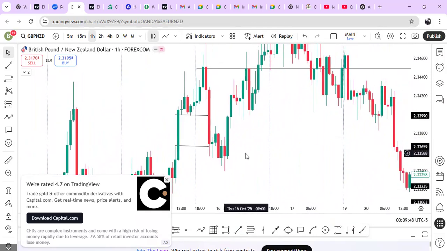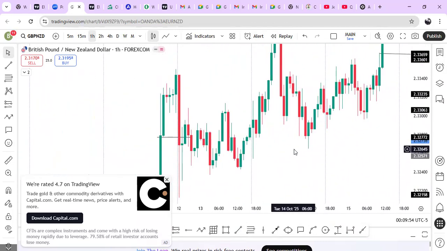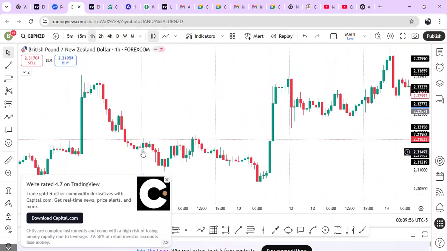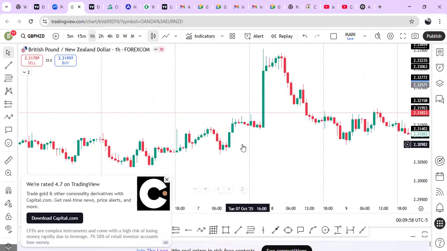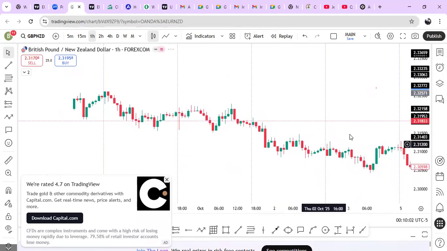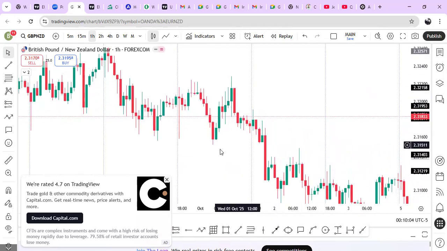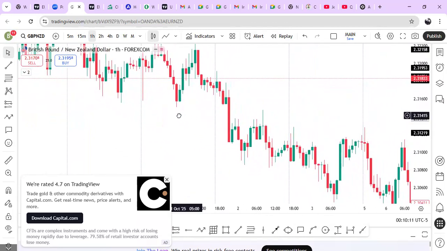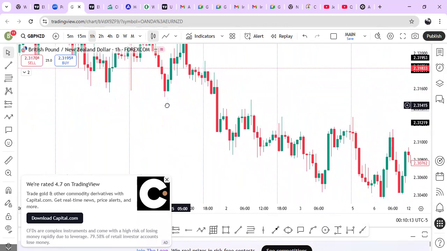This one didn't qualify, no three candles here, no three candles there. So that's that about FVG. I don't trade it much.